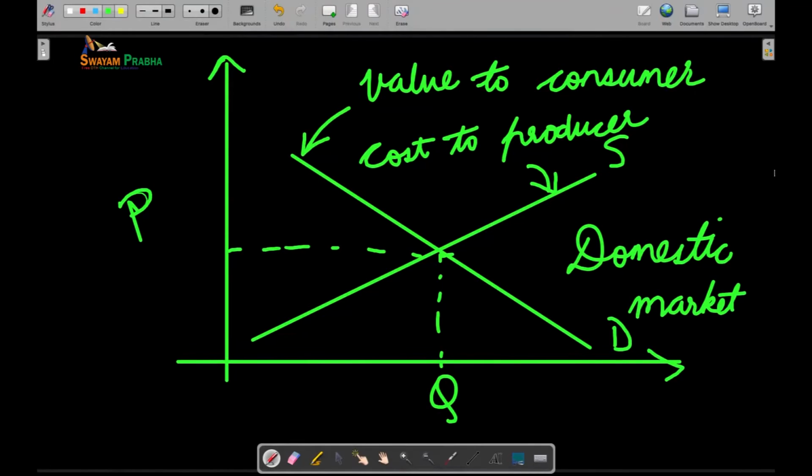This would bring a difference in the domestic prices and the international prices, and also in the domestic quantities demanded and supplied and the international quantities demanded and supplied. So, essentially, together with the domestic demand and supply, we also have an international demand and supply. So let us say that this is the demand and supply internationally.